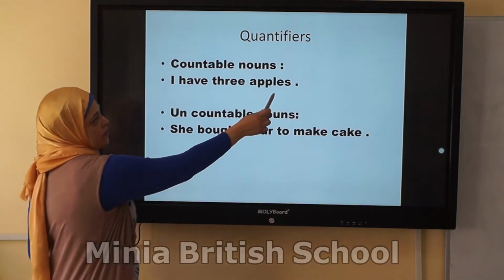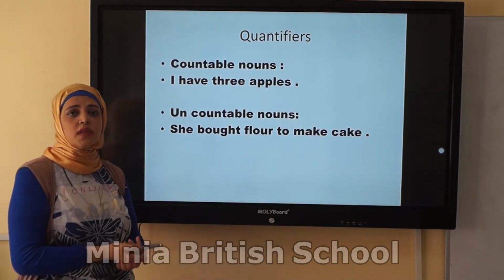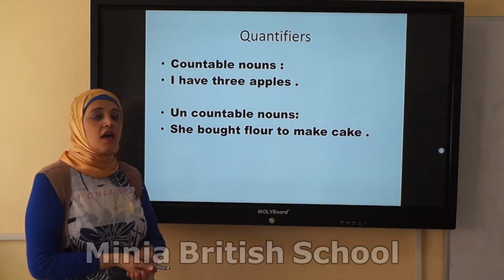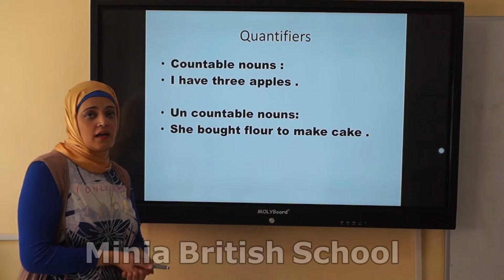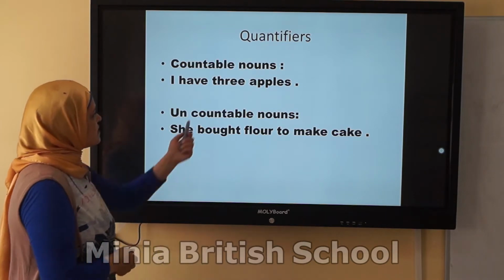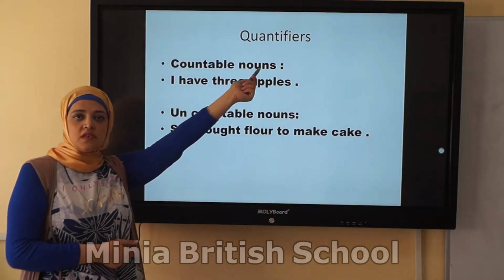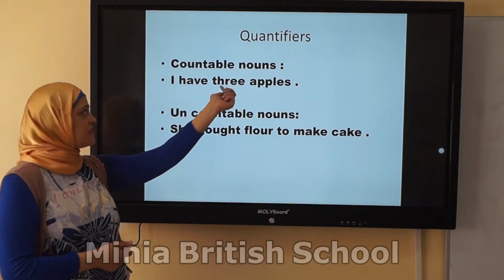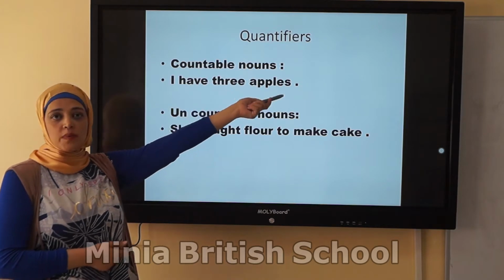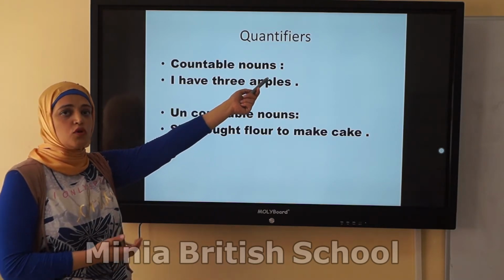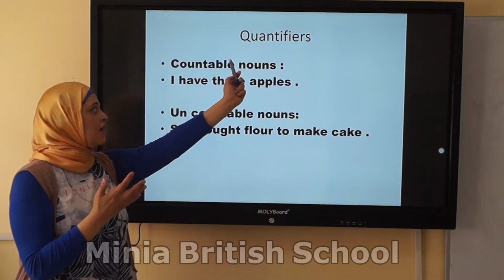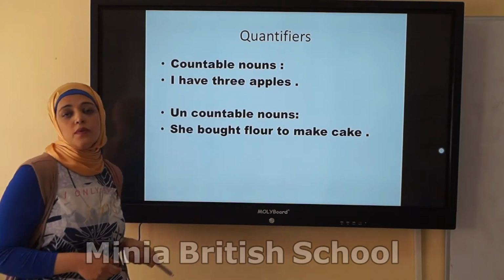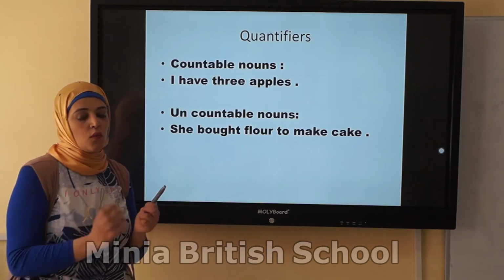The noun here, apples, is a countable noun, because I said 3 apples. It means I can count it. 1, 2, 3. That's why I can say 3 apples, or 4 apples, or 5 apples, whatever.